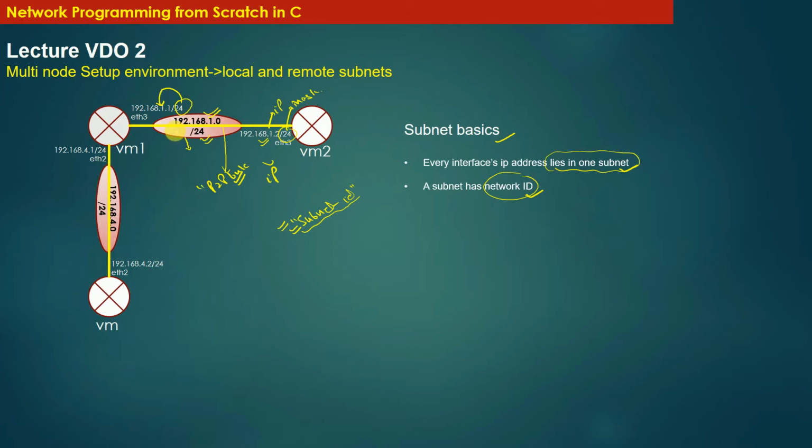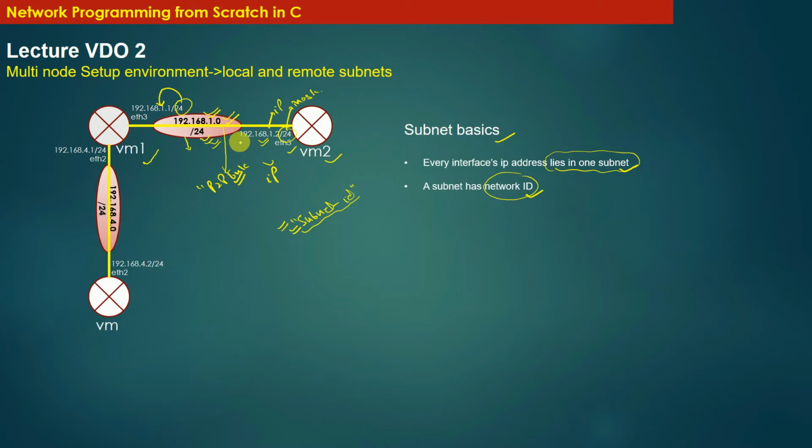There are two ends, one end on router VM1 and the other end on router VM2. We have already seen that applying a mask value on the IP address of an interface gives the subnet ID, and if you apply the mask value on the IP address of the interface on the other end of the link, you will again get the same subnet ID.